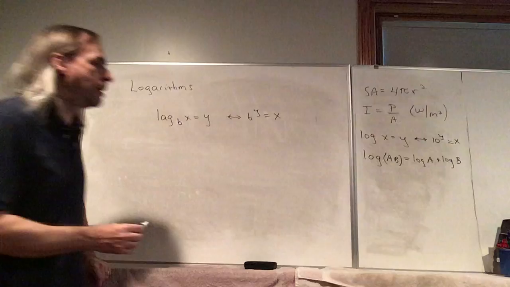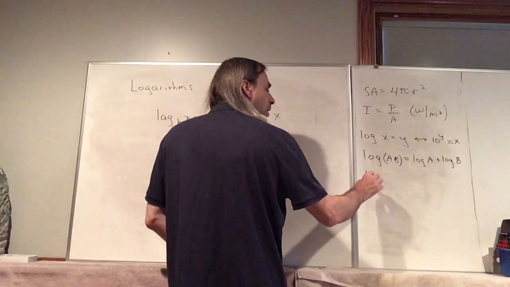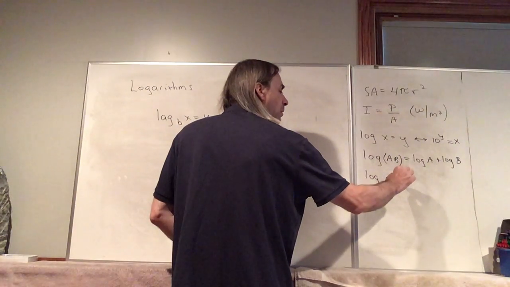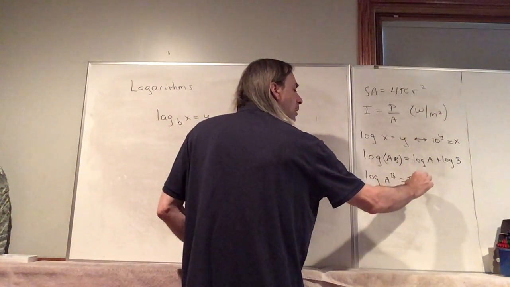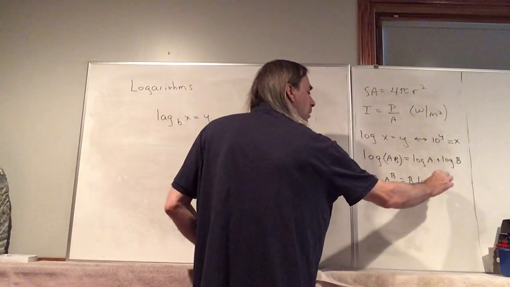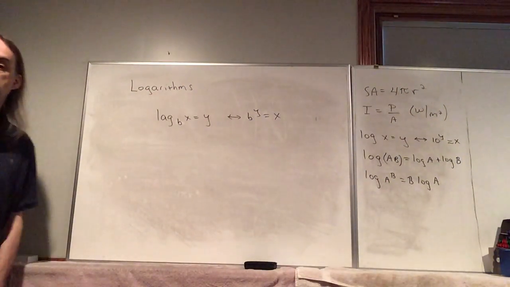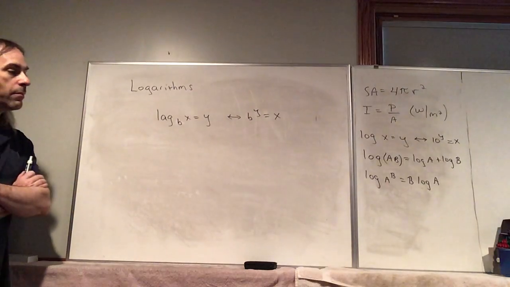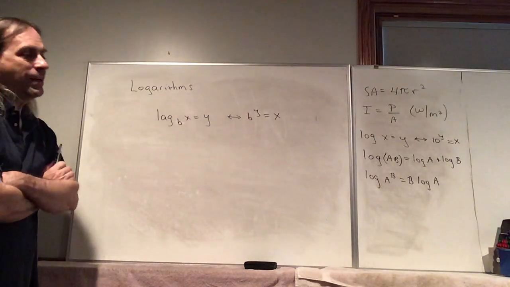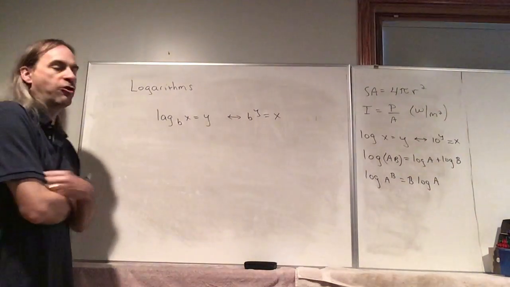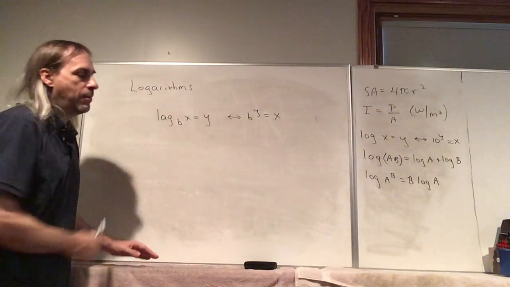So that's one property. And then another property is the logarithm of a to the power b is b times the logarithm of a. So those are really the only 2 properties that we need. If you look at an algebra book, they have more, but we don't really need them.